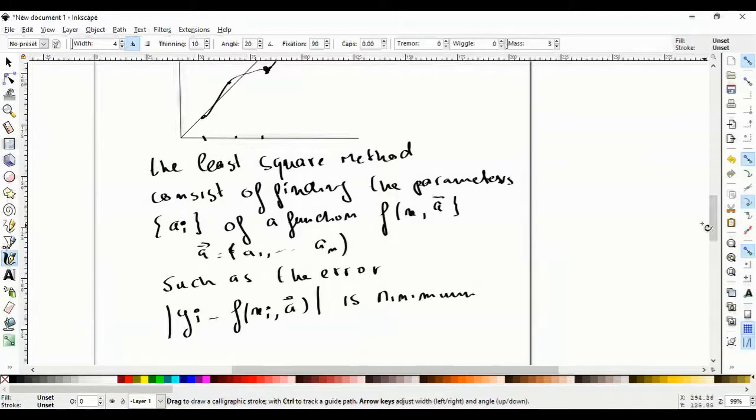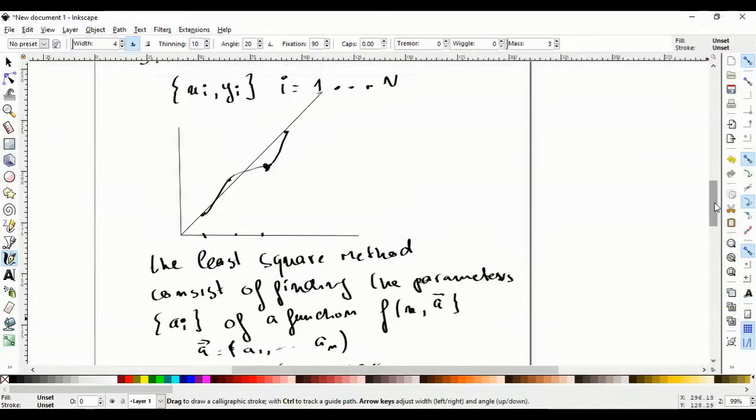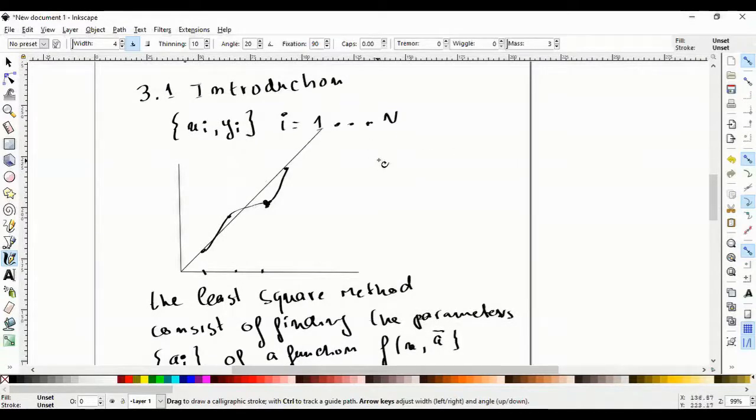So this function will approximate the points xi, yi the best. For example, if you have experimental points, you have an error on the points yi. If yi depends on xi but you additionally have some error, the point will not be exactly at this position.